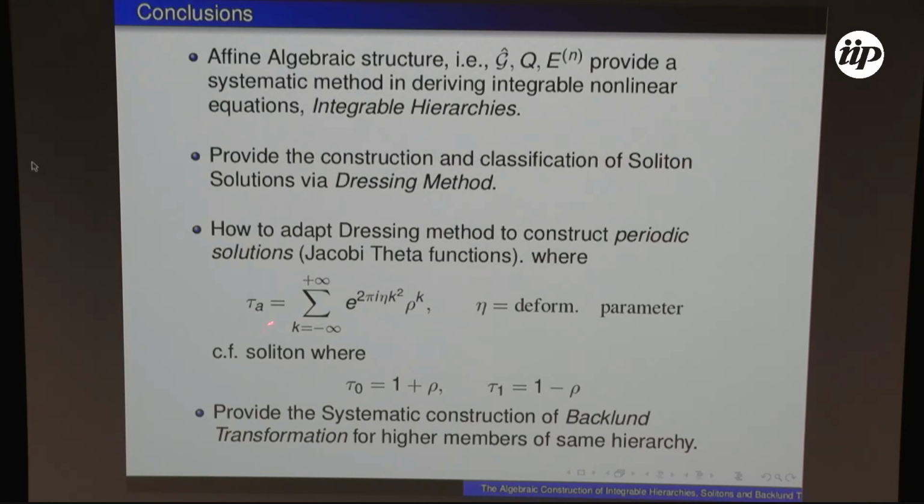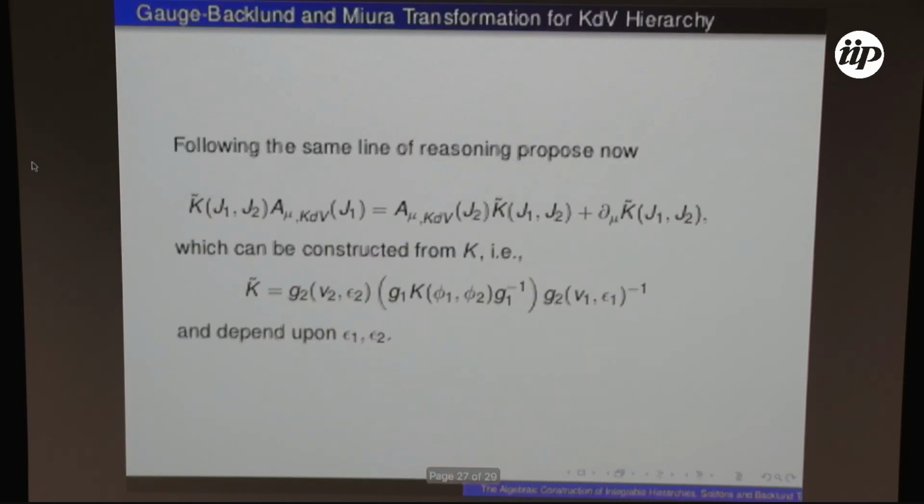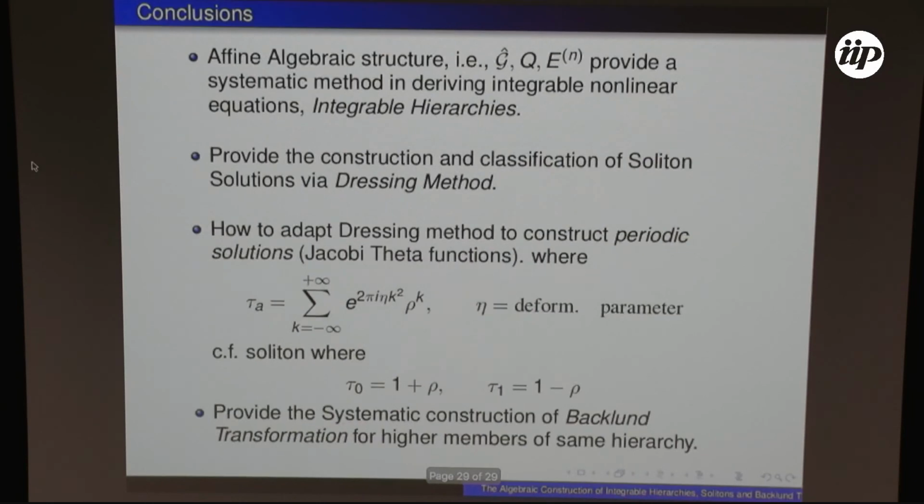So the question is, how do you systematically construct Jacobi theta functions as solutions of those equations in terms of gauge transformations, representations of Kac-Moody algebras and things like that? This is a big question mark, but you see that these things are very similar.